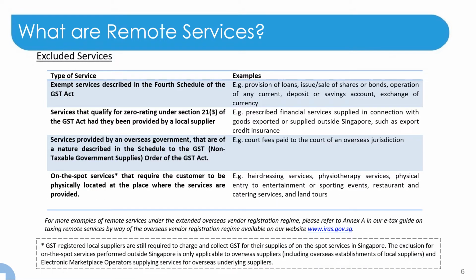Here are some examples of services that are excluded from the extended OVR regime. Services that fall under these four types are excluded from the scope of the extended OVR regime.